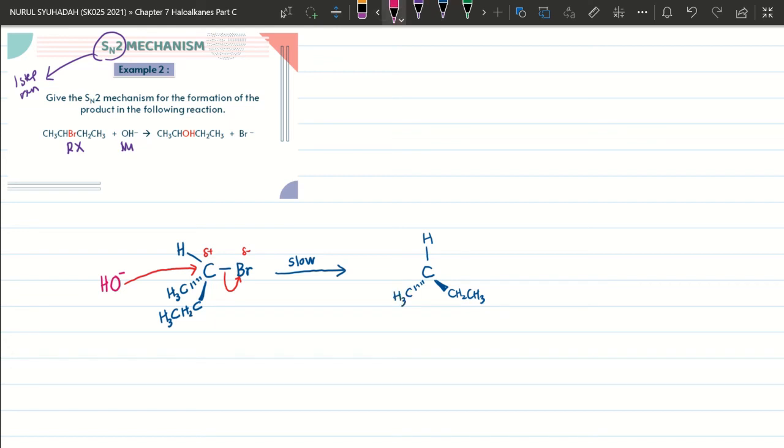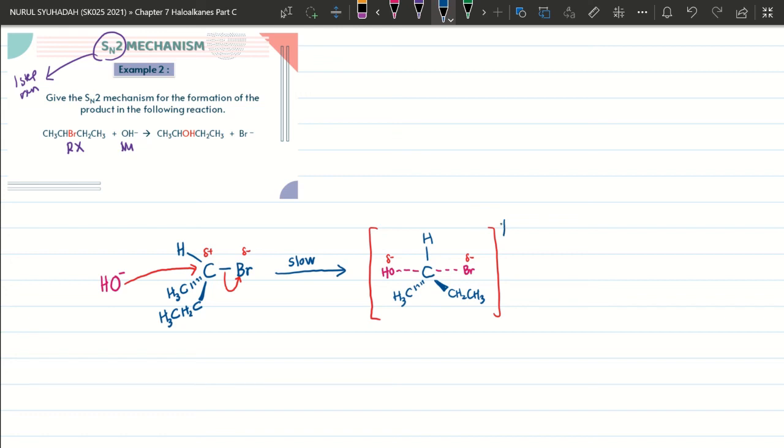Then here the carbon-bromine bond, you draw it as a dashed line like this. So bromine, the carbon-OH bond is also a dashed line, OH, like that. You label this as partially negative, bromine also as partially negative, and don't forget there must be a square bracket.